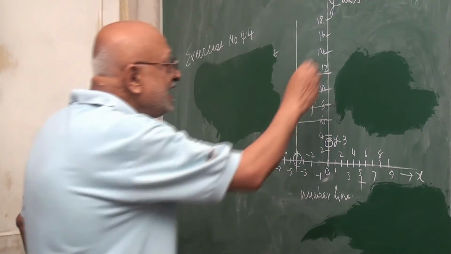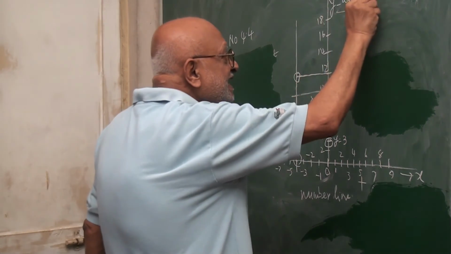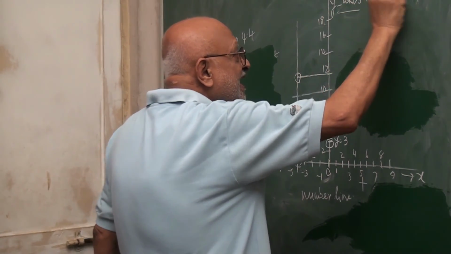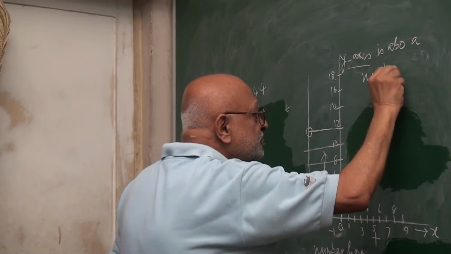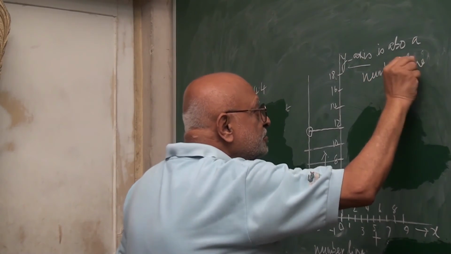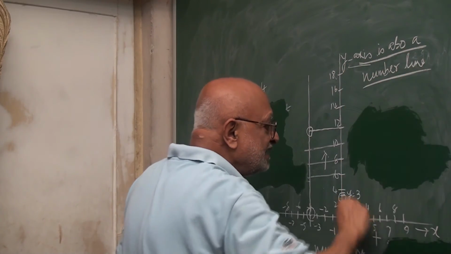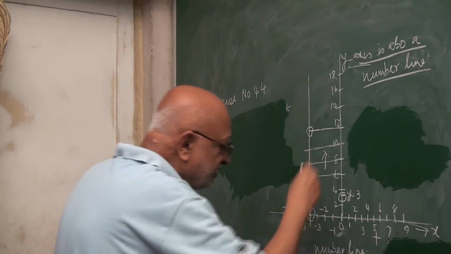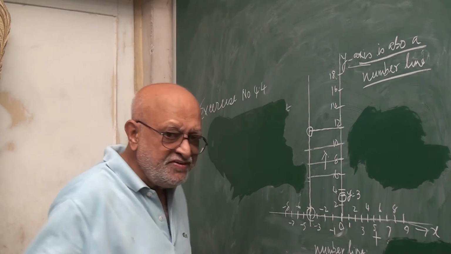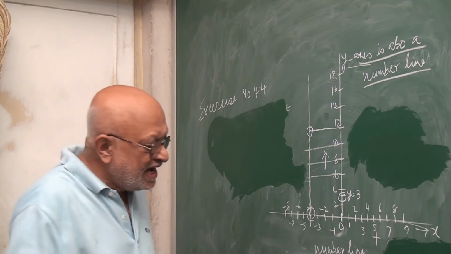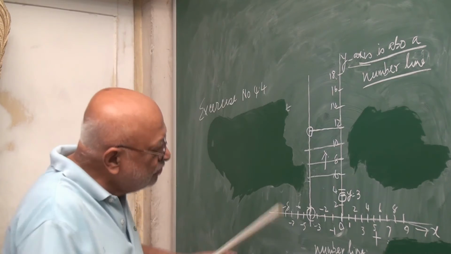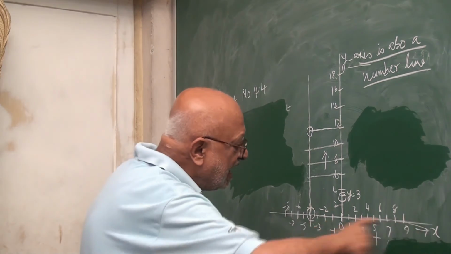Remember, this y-axis is also a number line. It is not that all number lines are horizontal. Please see my previous video on this subject. You will see I have discussed how this x and y axis has come out.